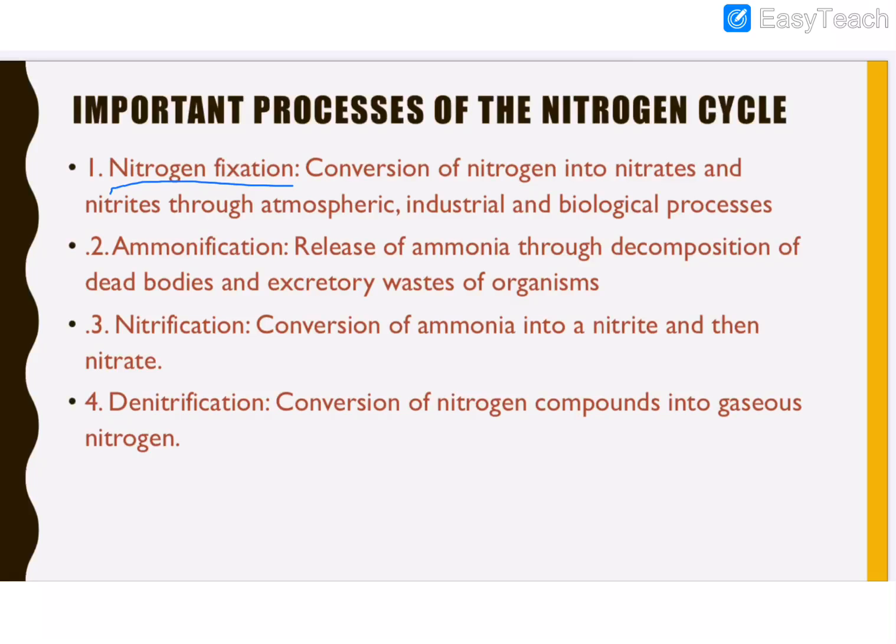The first process is nitrogen fixation. What is nitrogen fixation? It is the conversion of nitrogen into nitrites and nitrates through atmospheric, industrial and biological processes. Industrial means when factories also release nitrogen, and in the atmosphere there is also nitrogen, and biological processes are when living organisms also give nitrogen.